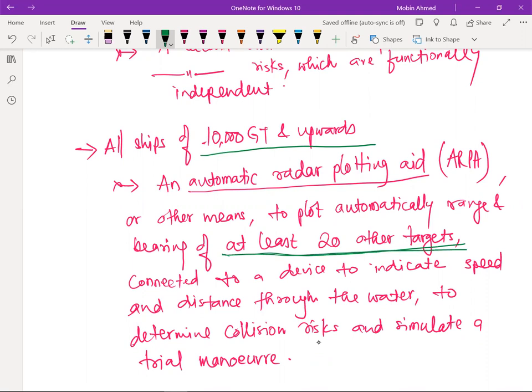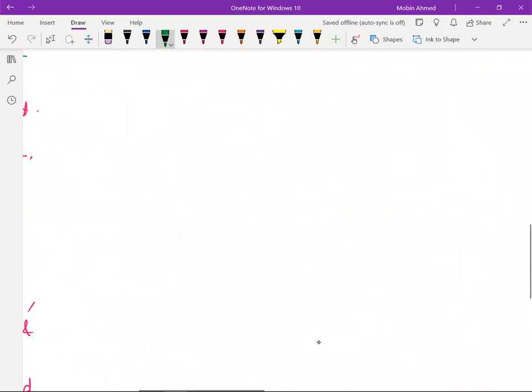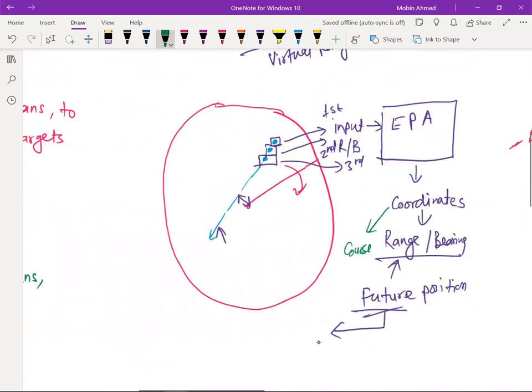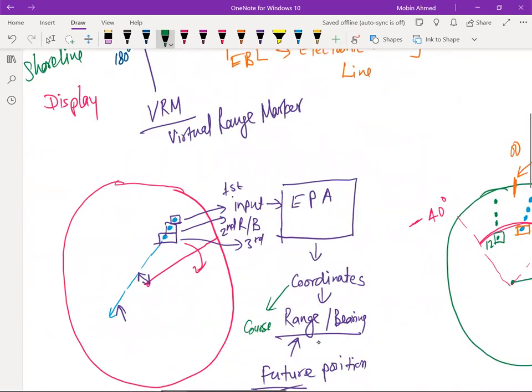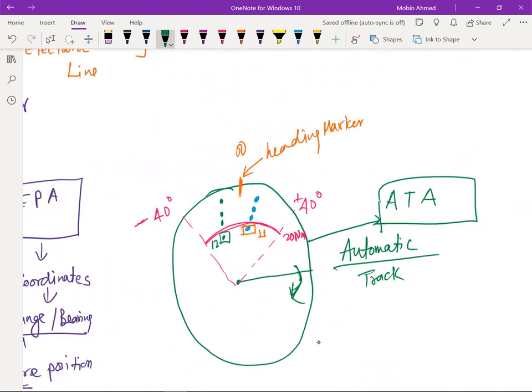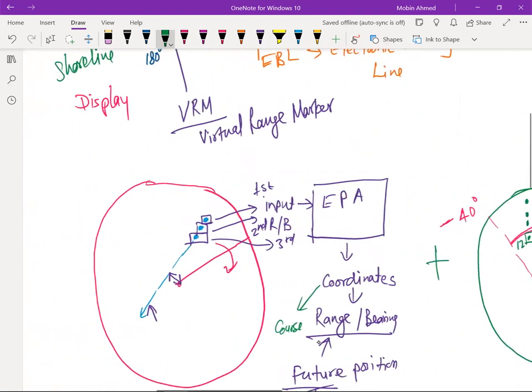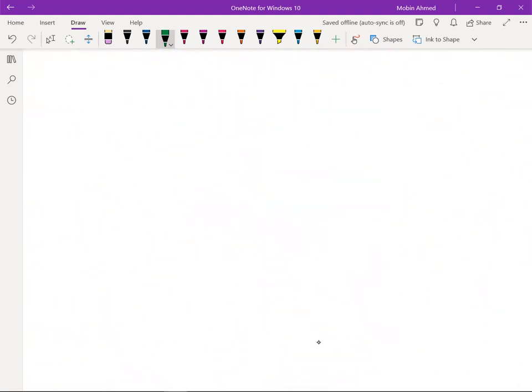What is the automatic radar plotting aid? If you put these two together, it becomes the automatic radar plotting aid. How does it work? Let me tell you about that: the automatic radar plotting aid.